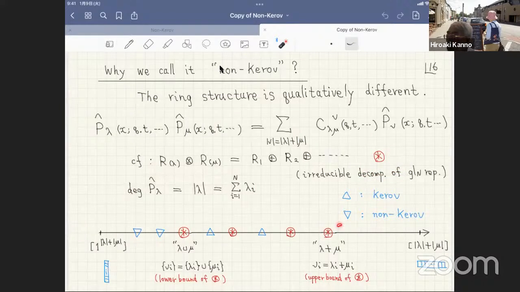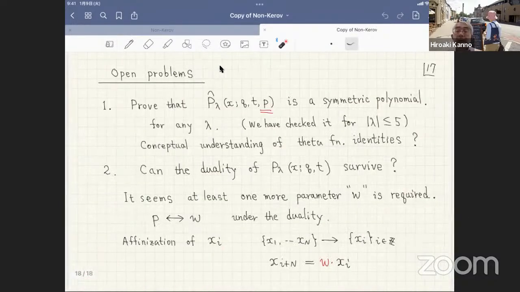But for non-Kellogg deformation, we have some tail of non-vanishing coefficients, which is beyond the minimal one column partition. So in that sense, our non-Kellogg deformation is quite different from the viewpoint of ring structure. Okay. This is my last slide.